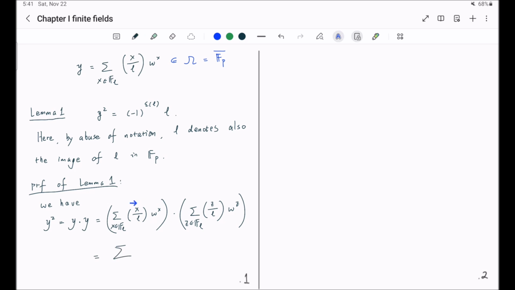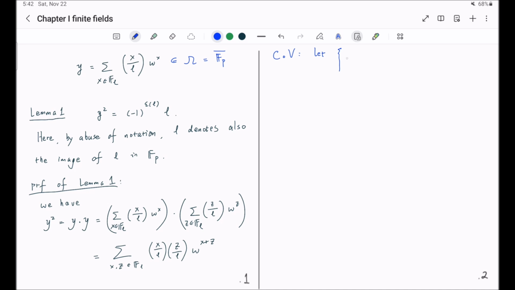A generic term in this product of two sums looks like (x over L) times (z over L) times omega to the power x plus z. And here x and z range over the finite field FL. And now we are going to make a change of variable.